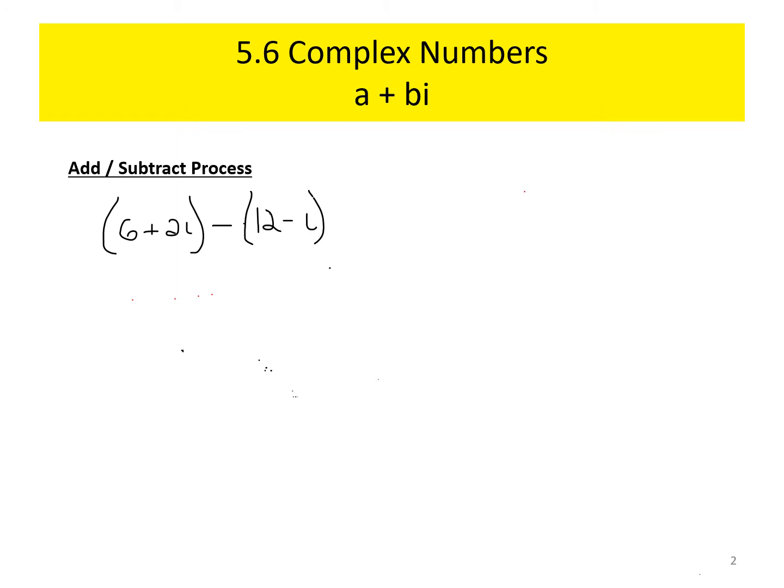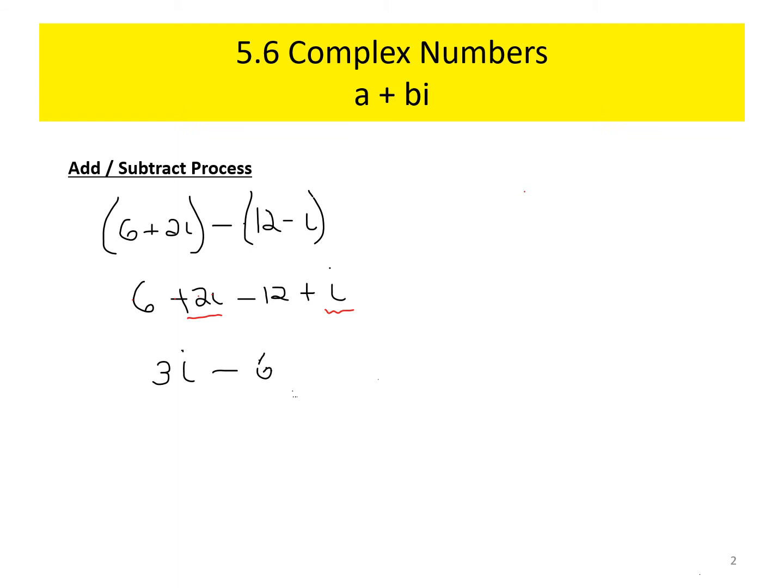So to drop the parentheses now, we have 6 plus 2i minus 12 plus i. Now notice the variables, the 2i and a positive 1i, and that's going to give us a 3i. And then we're going to have 6 minus 12 is going to give us the minus 6.